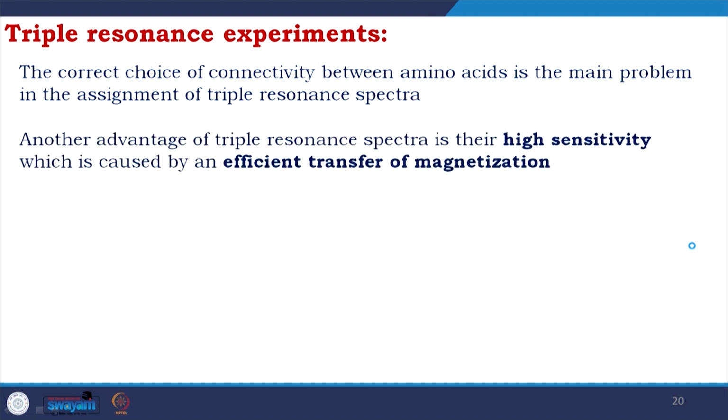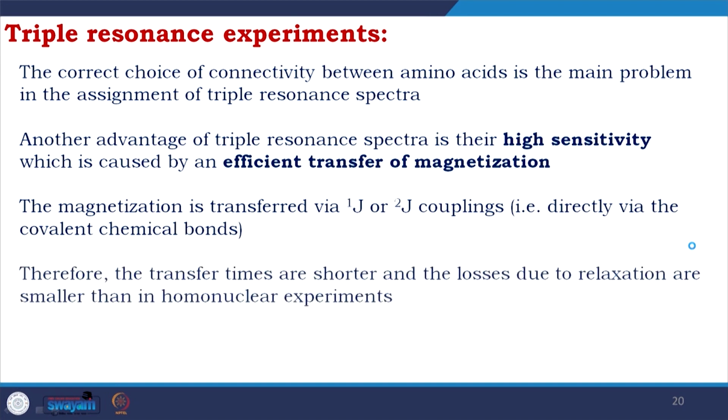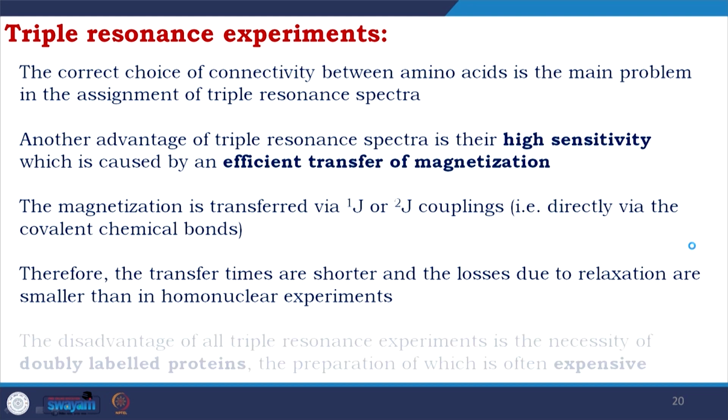Another advantage of triple resonance spectra is their high sensitivity, which is caused by an efficient transfer of magnetization. The magnetization is transferred via 1J or 2J coupling directly via the covalent chemical bonds. The distance makes things weaker. Therefore, the transfer times are shorter and the losses due to relaxation are smaller than in homonuclear experiments.